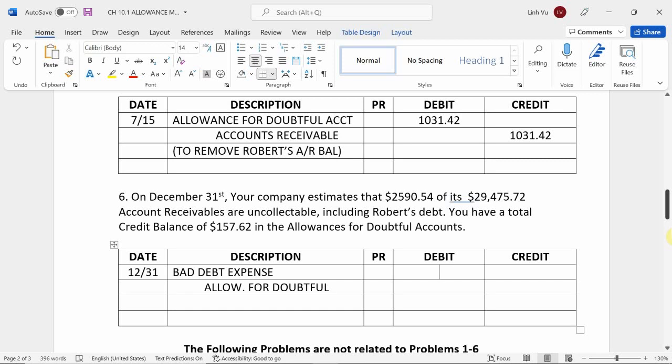Account receivable for employee records. You have a total debit balance. We need to take the 175. What do we do with that?